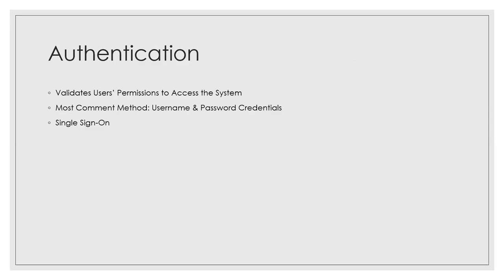So first, here is authentication. Authentication allows validation of user permissions to access the system. Okay, so this basically allows you to have access to the system, but validates that you are that person. Okay, so the most common method is username and password credentials.